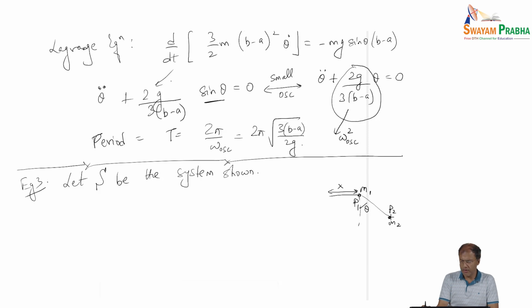Now I will put in a driving force F of t on the second mass. Let me write down the statement now. This is a rail on which the first mass is rolling.